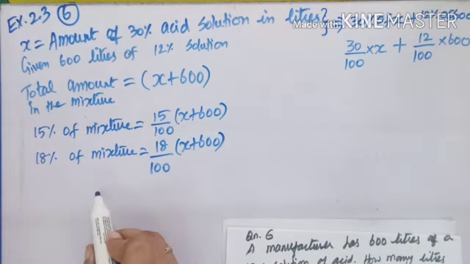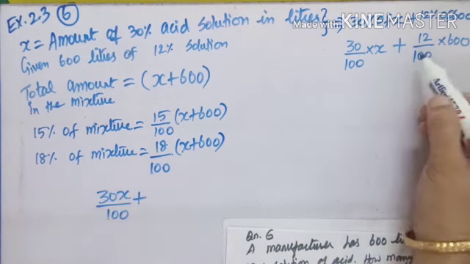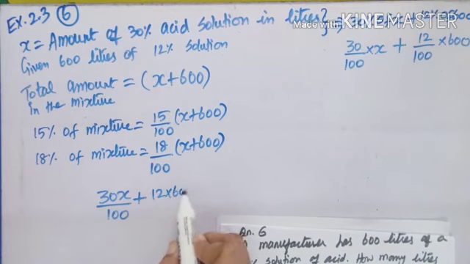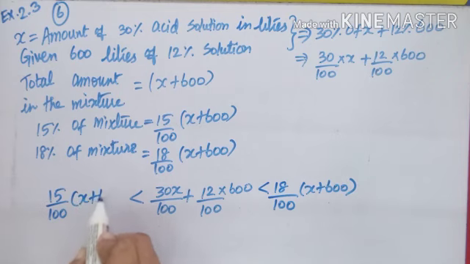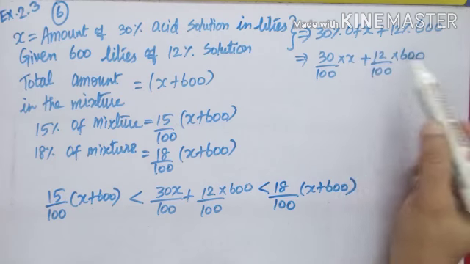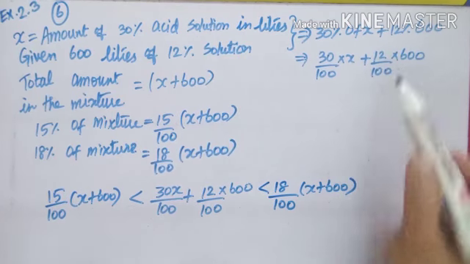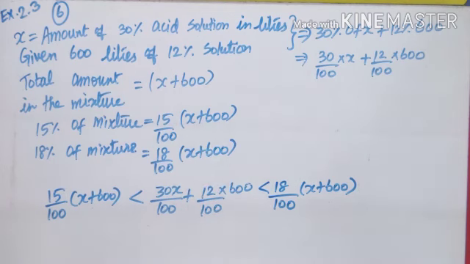The mixture is 30x by 100 plus 12 into 600 by 100. So the mixture after addition should be more than 15% and less than 18%. In all the places we have 100 which I can cancel. 100 is a positive number, so inequality is as it is.